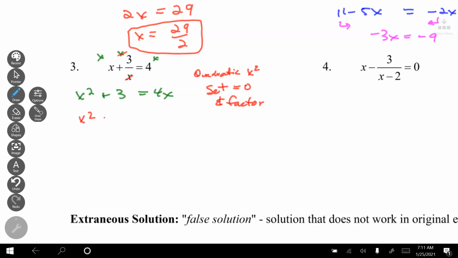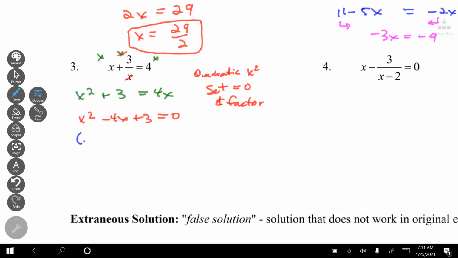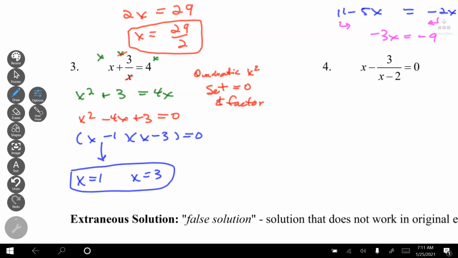X squared minus 4x plus 3 is equal to 0. Pretty easy one to factor. X and x. Let's see, two numbers multiplied to a positive 3 would be negative 1 and negative 3 to get a negative 4 in the middle. And I just do this a little mental. I get x equals 1. I have x equals 3.